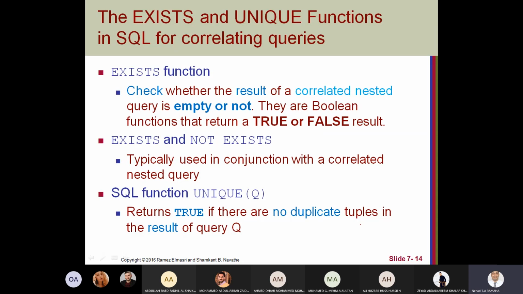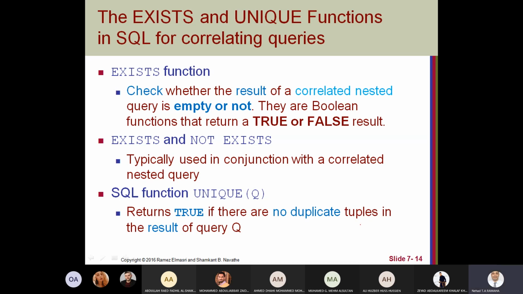So it checks whether the subquery will return values or not. It will return false if the nested subquery or correlated nested query is empty. If not empty, it will return true.